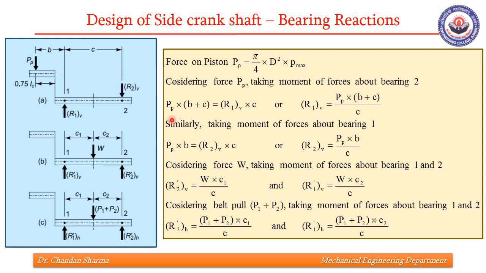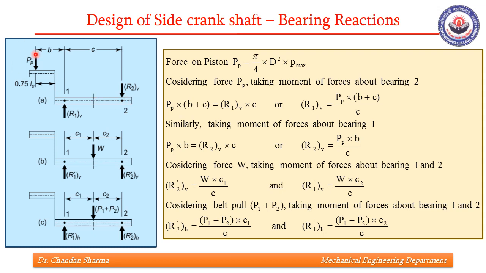Let us see how. This B is the length from bearing 1 to the line of action of force PP, and C is the distance between bearing 1 and bearing 2. So if we take moment about bearing 2, what will we get?